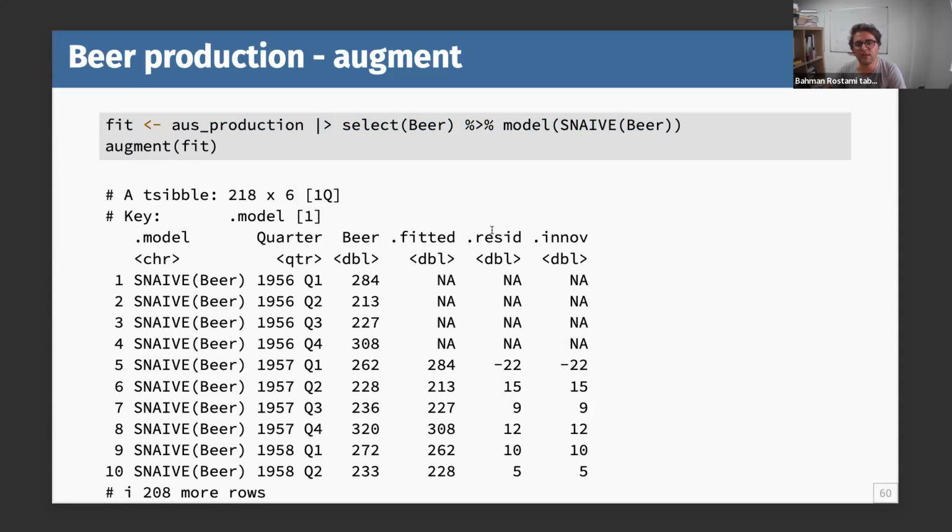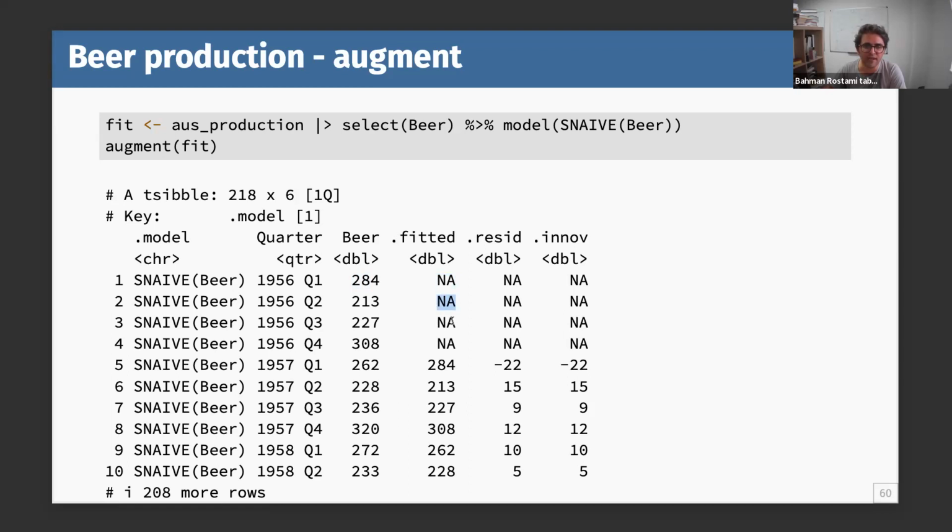If you do that, you get that information we had before. In this case, this is not the forecast, it's just the actual. Then here we have .fitted, which corresponds to the fitted values, and then .resid, which is the residual, the difference between this and that.